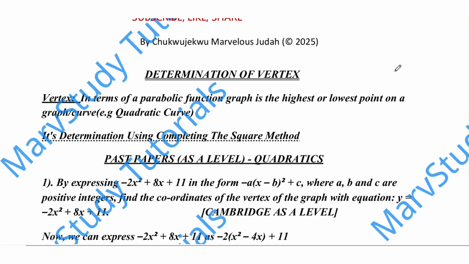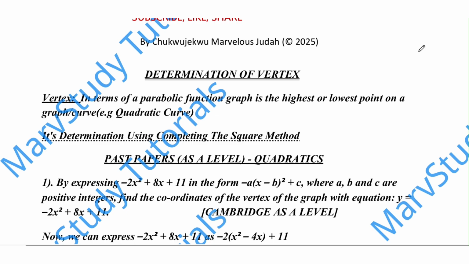So question number 1 says, by expressing negative 2x squared plus 8x plus 11 in the form negative a bracket x negative b all squared plus c, where a, b, and c are positive integers, find the coordinates of the vertex of the graph with equation y equals negative 2x squared plus 8x plus 11.